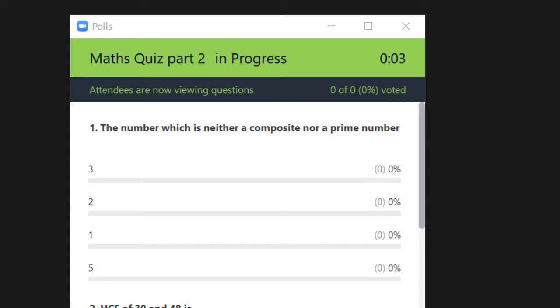Very easy. In the solution just now we discussed it. The options are A option 3, B option 2, C option 1, and D option 5. Just remember the chart, the starting of your chart, and give the correct answer.